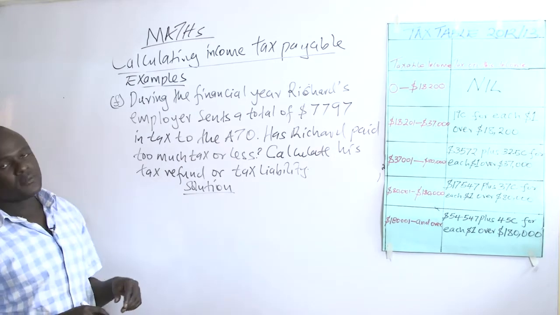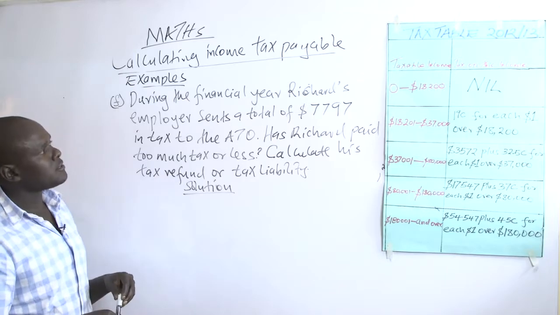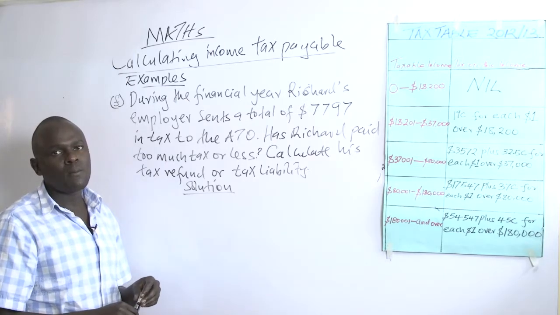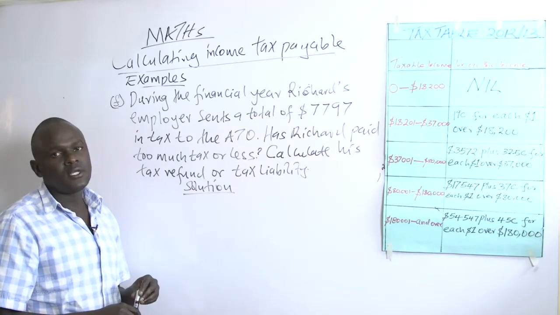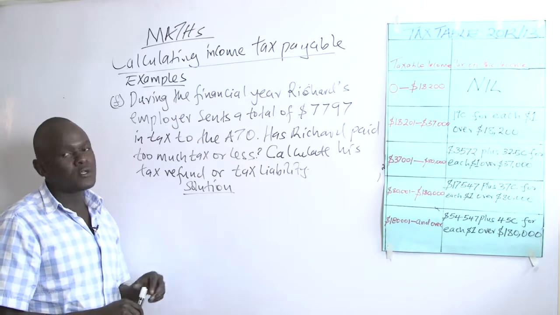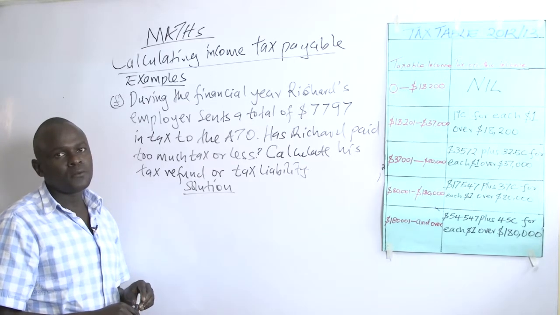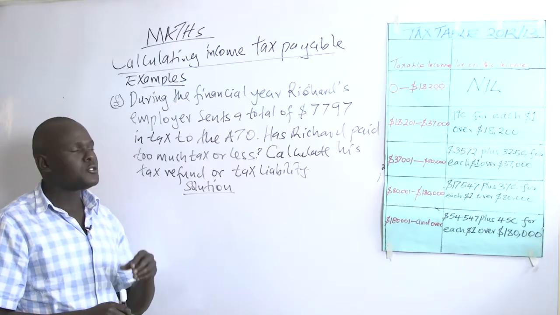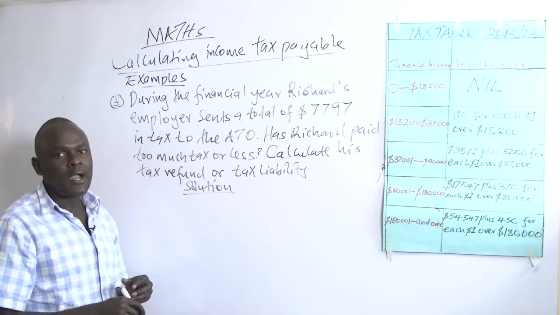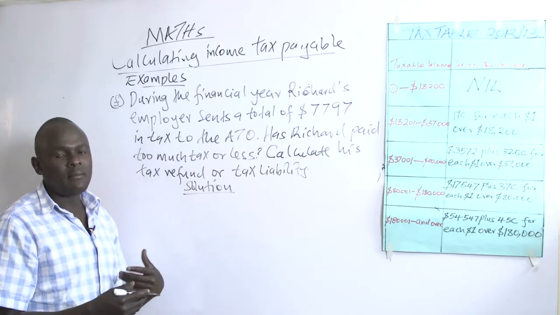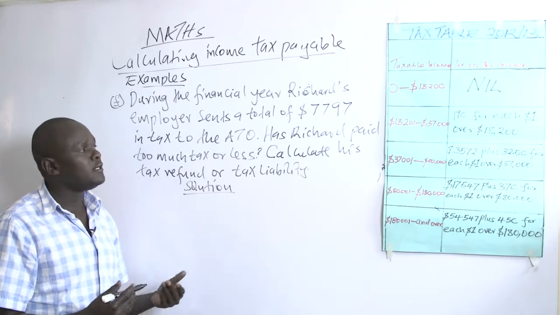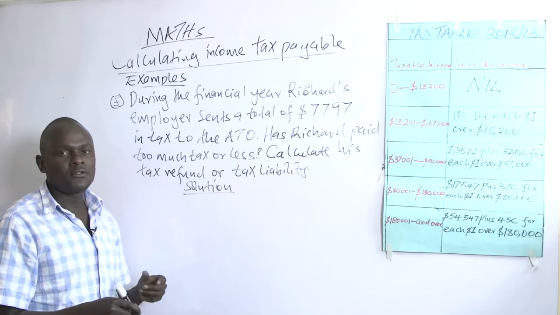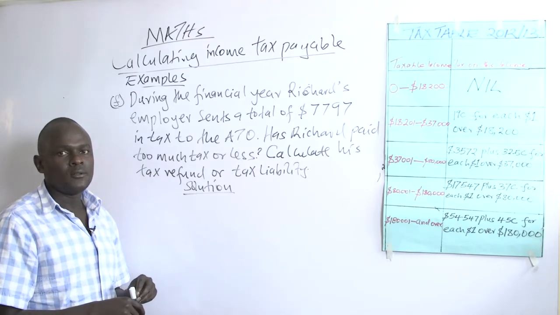So when we look at this particular statement, it reminds us of our previous lesson where we said that in the Australian tax system, you work for your boss, who is your employer, and the employer calculates the amount of money you're supposed to pay in form of taxes every time you earn, be it weekly, fortnightly, or monthly.